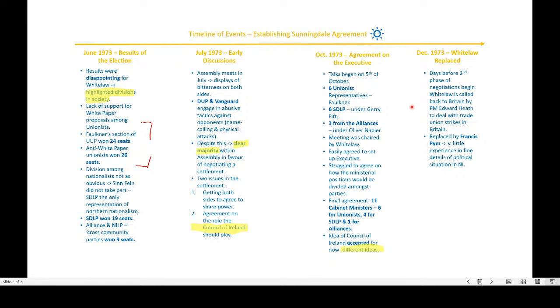Whitelaw was seen as a respected and valued member of Heath's government, and he felt that his experience would be better used in Northern Ireland, and that's going to cause issues when we look to this Sunningdale Agreement. So he was replaced by Francis Pym, who had very little experience in the finer details of the political situation in Northern Ireland, the nuances of the situation, for the lack of a better word.